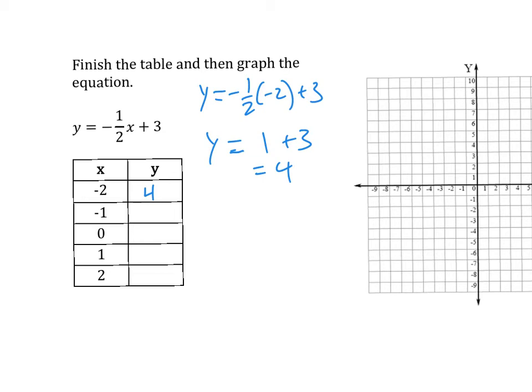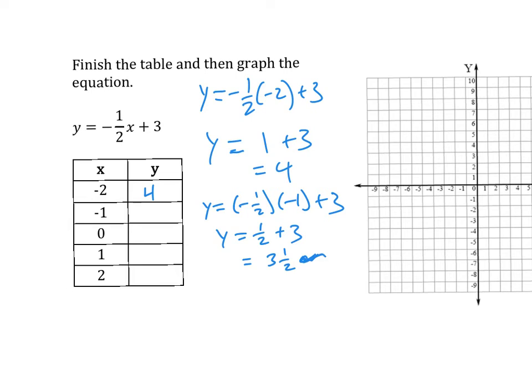Okay, and then we have -1, so we'd have y equals -1/2 times -1 plus 3, which is y equals, well, -1/2 times -1 gives us a positive 1/2 plus 3. Okay, so we could say that that is going to be equal to 3.5.